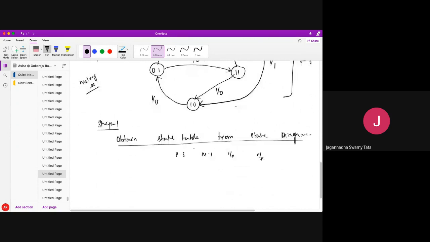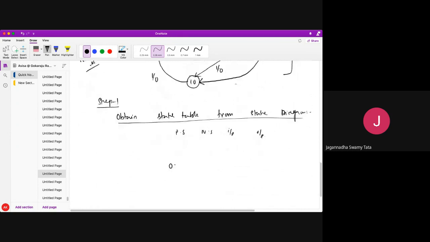Okay, now tell me, I'm going to tell you later on how the state diagram becomes the state table. So this is my 0 0, this is my 0 1. So this is one state, this is another state. And state transition is like this. Let's say this is 0 to 1. So in the state diagram many things are there. Let's say this is my present state, this is my next state, and this is my input, and this is my output.